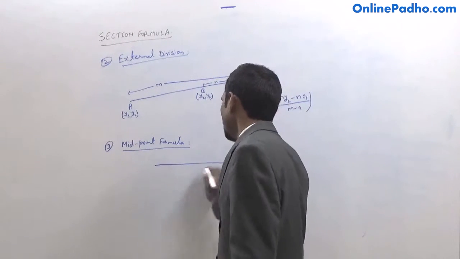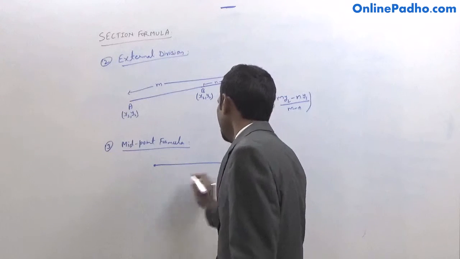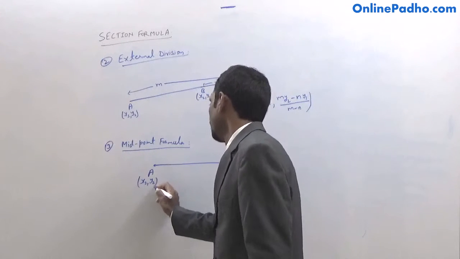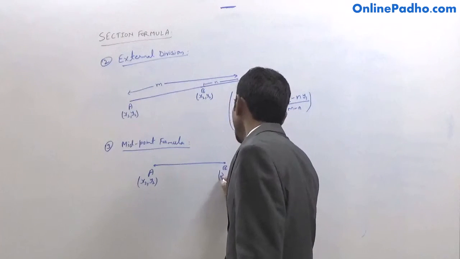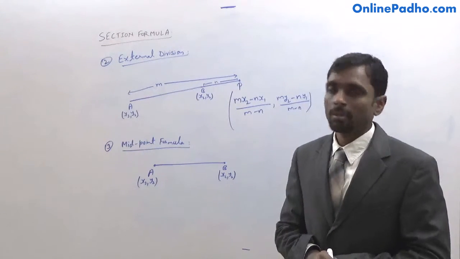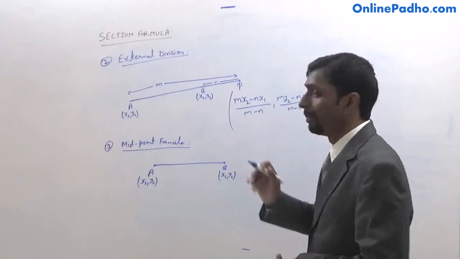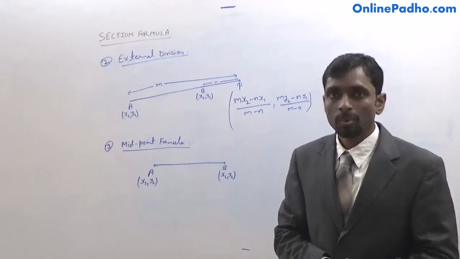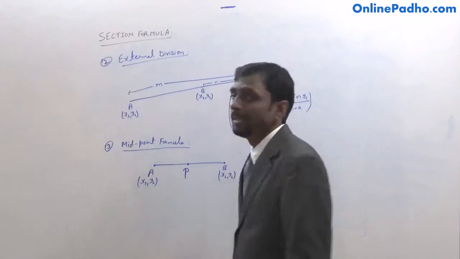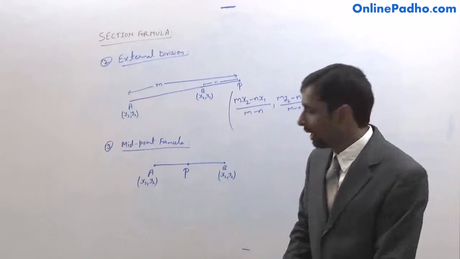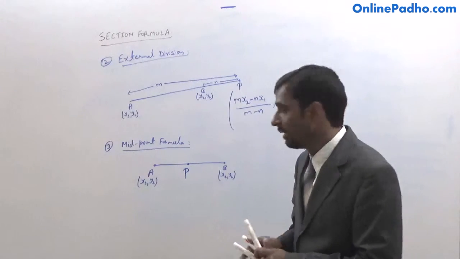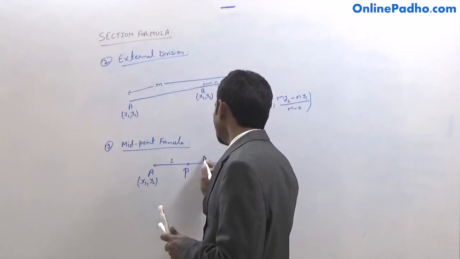Let's see, if we have a line segment AB, the coordinate of point A is (x1, y1) and the coordinate of point B is (x2, y2). We need to find the coordinate of the midpoint P of this. If P is the midpoint, we can say the line segment AB is divided in the ratio 1:1.